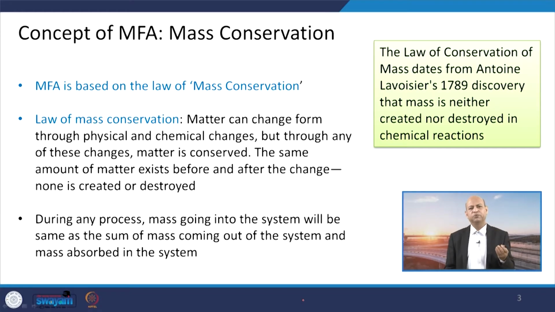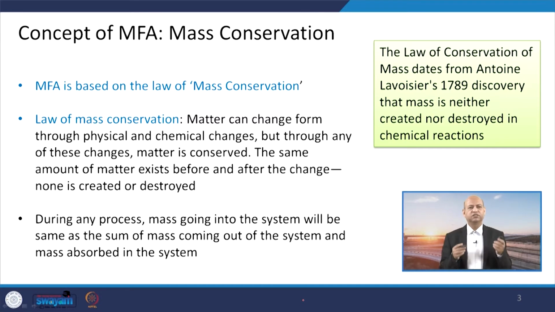For example, if you are trying to convert one chemical into another, you have to see the total input and output, and in that process, due to heat, mass can also be converted into energy. So there is a loss of heat, and that is known as stock.